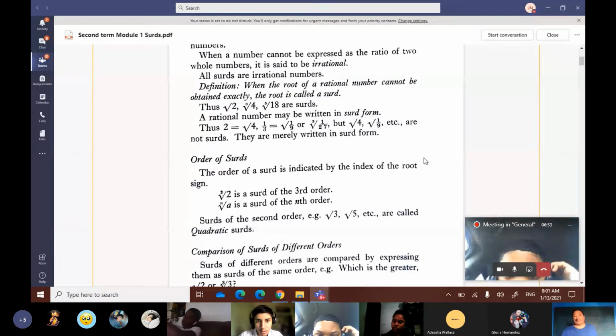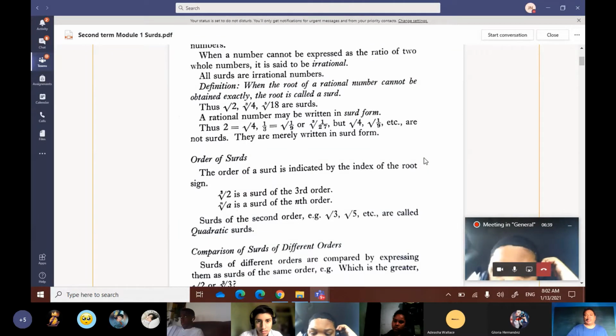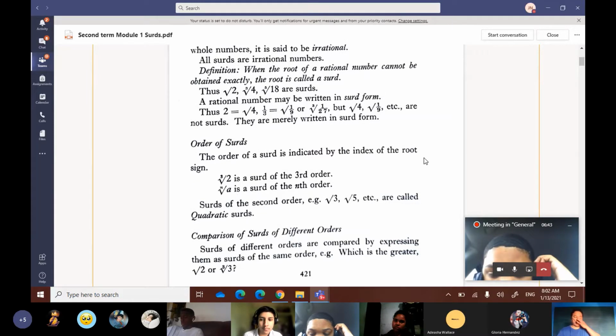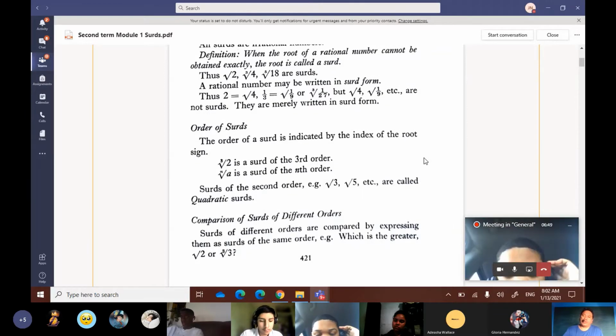When a number cannot be expressed as the ratio of two whole numbers, it is said to be irrational. All surds are irrational. The definition of a surd is when the root of a rational number cannot be obtained exactly.